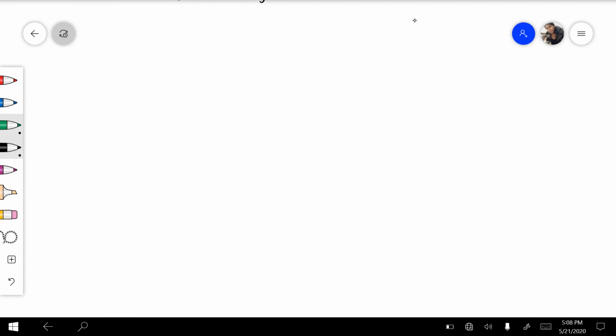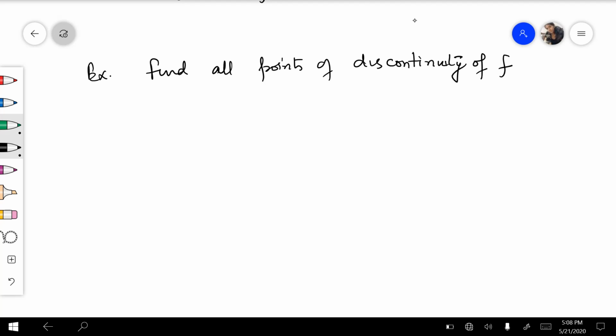Another example, find all points of discontinuity of f defined by f of x is equal to mod of x plus modulus of x minus 1.